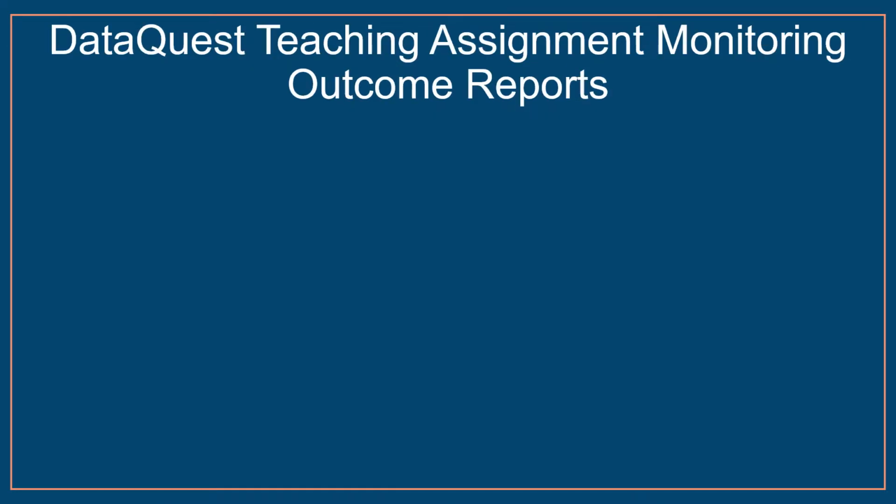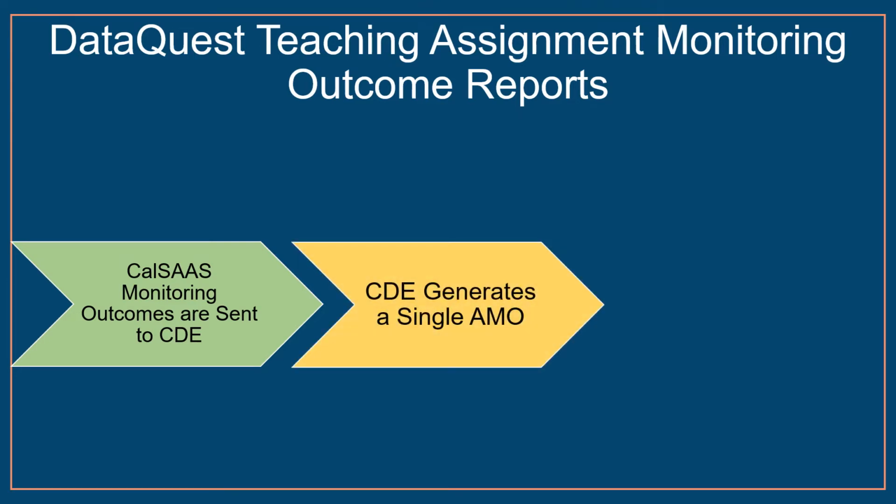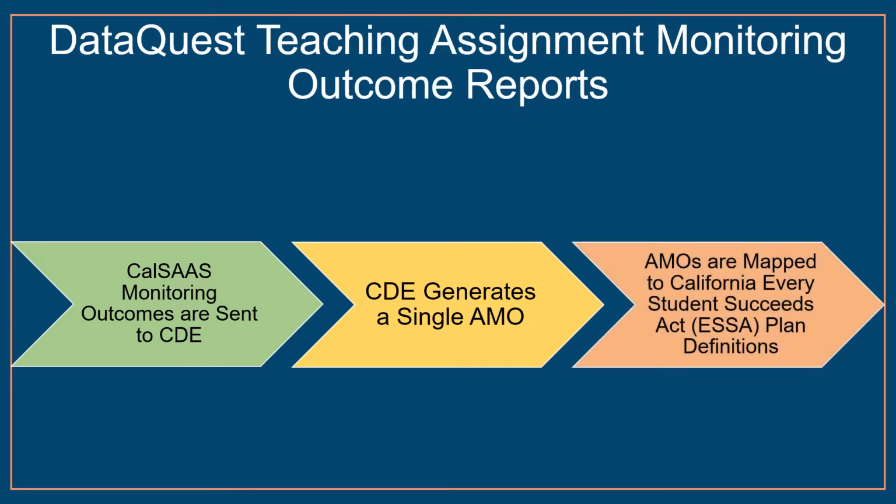In return, the CTC provides the CDE with annual teacher credential and assignment monitoring outcome data consistent with the California Consolidated State Plan approved by the State Board of Education, or SBE, as required by the federal Every Student Succeeds Act, or ESSA. These data provide the basis for the DataQuest Teaching Assignment Monitoring Outcome, or AMO, by Full-Time Equivalency, FTE, report.